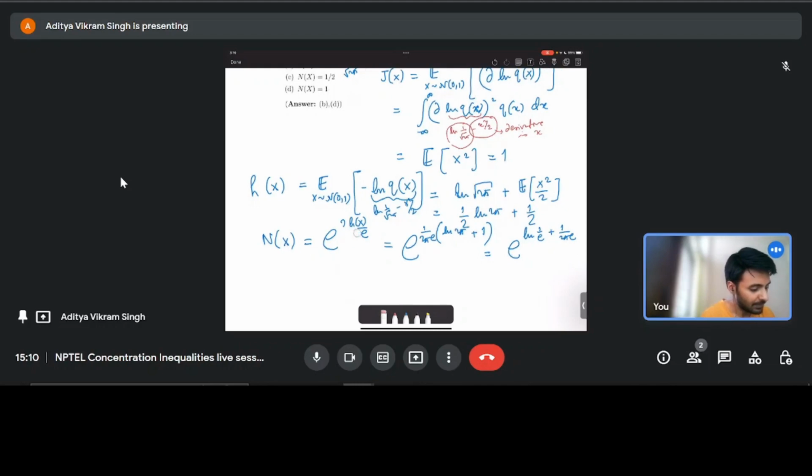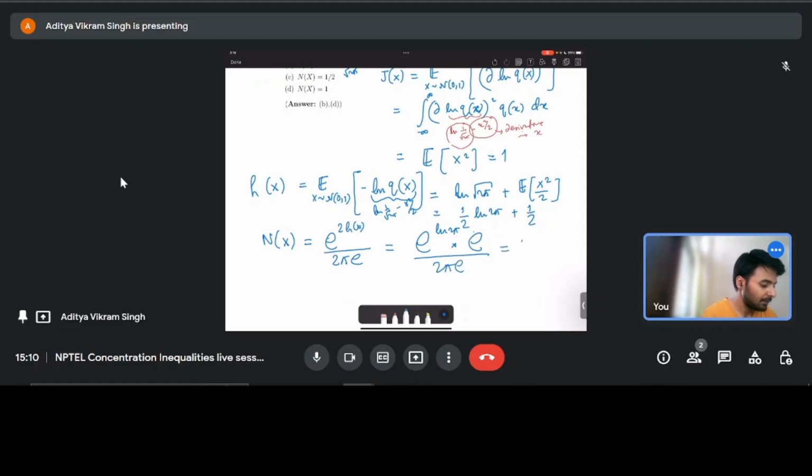Actually this formula is wrong, it's e power 2h(x), the whole thing divided by 2 pi e. So if you just substitute here, it would be e power ln 2 pi into e, divided by 2 pi e, which is 2 pi e by 2 pi e, which is 1. Okay, we got there finally.